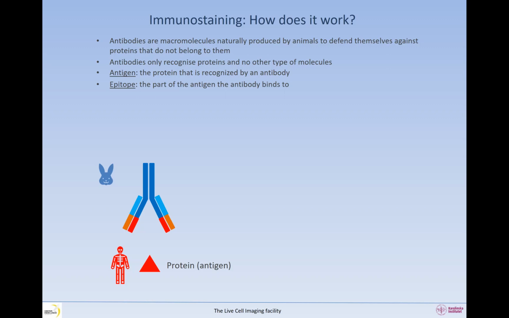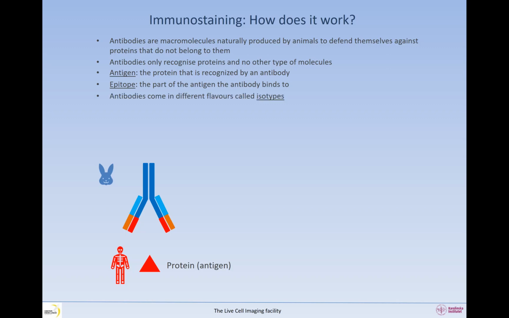Antibodies come in different flavors called isotypes, and the one that is mostly used in our line of work is IgG. Mammals produce 5 different types of antibody isotypes, and each of them has different subclasses.